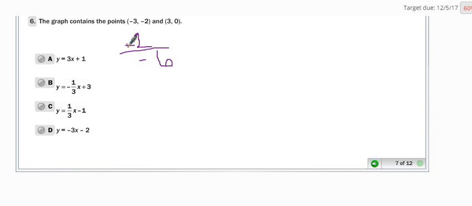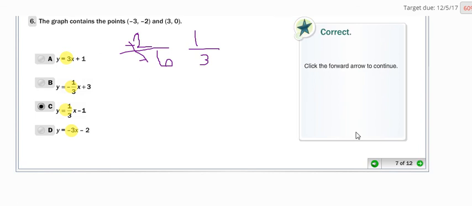Now you got to reduce. The negatives would cancel, and 2 over 6 is 1/3. This is the slope of the equation, which is going to appear right here next to the x. Since we got a slope of positive 1/3, our only option here is C.